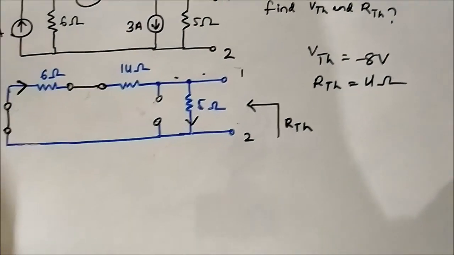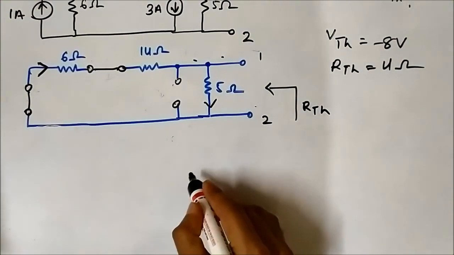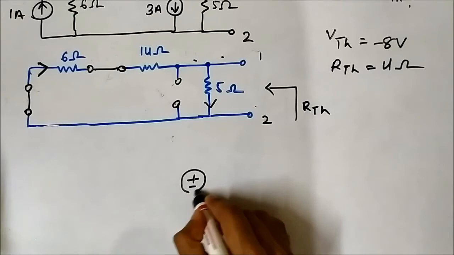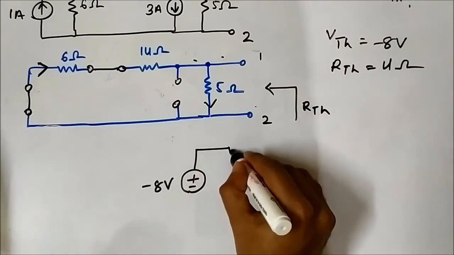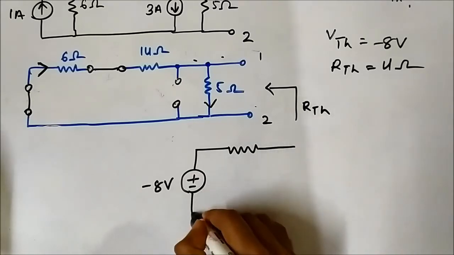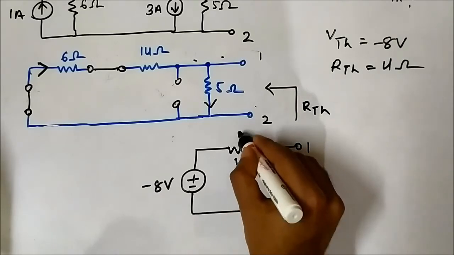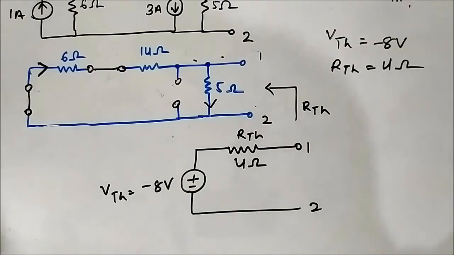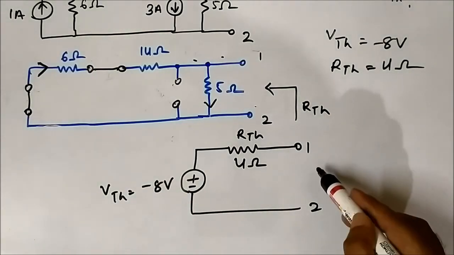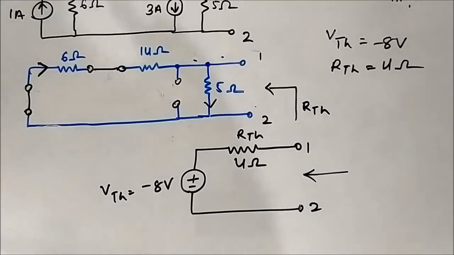So the Thevenin equivalent circuit across these 2 points 1 and 2 is this: this is 4, this is RTH, this is VTH. This is the Thevenin equivalent circuit across terminals 1 and 2. So this is the 6th question.